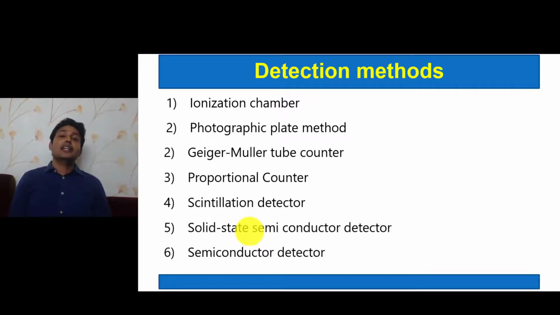It can be detected by all these methods: ionization chamber, photographic plate method, Geiger-Müller tube counter, proportional counter, scintillation detector, and solid state semiconductor detector. So we are going to discuss a few of them.